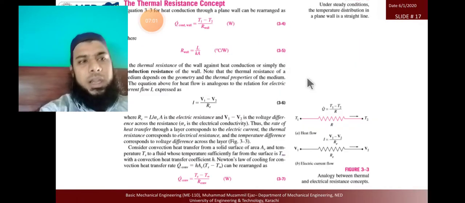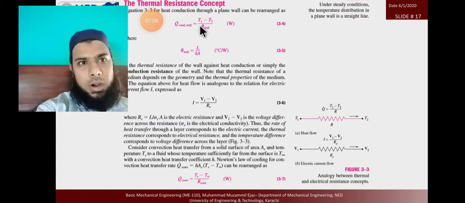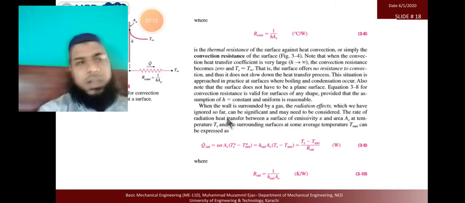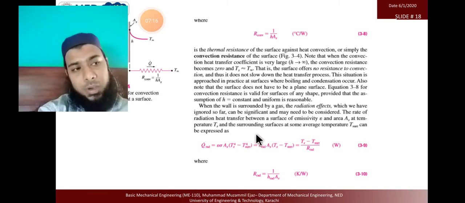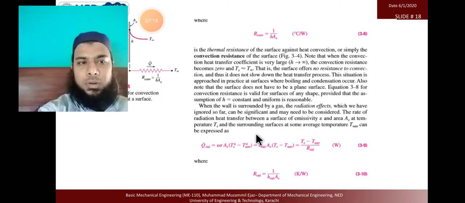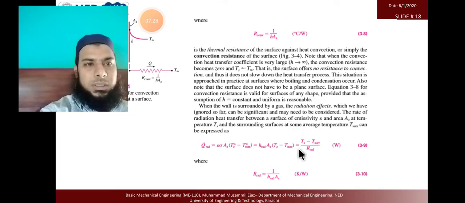As you can see, whether it is convection or conduction, the formula will be the same: T1 minus T2, or T minus T infinity, upon R. So for radiation, we also want the same formula to make the overall heat transfer coefficient. Later we will see the overall heat transfer coefficient and overall heat transfer resistance.